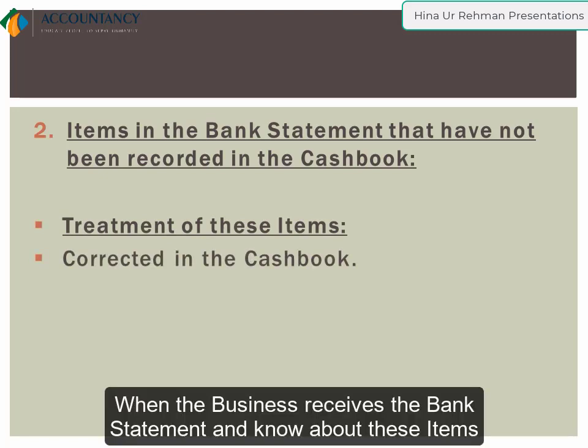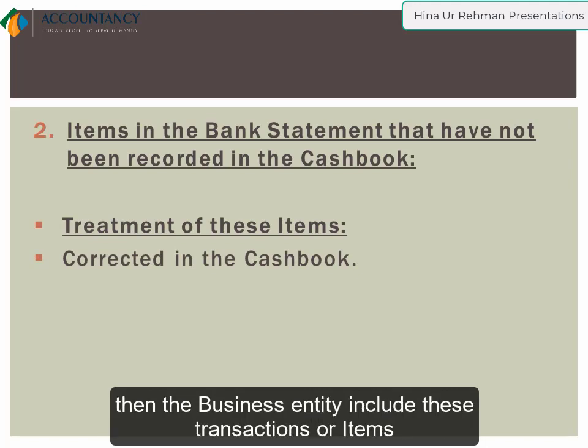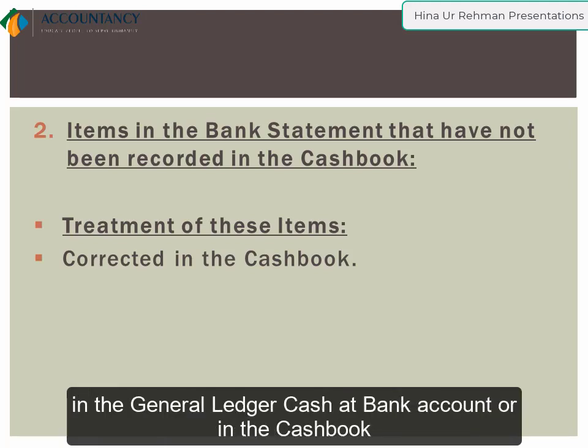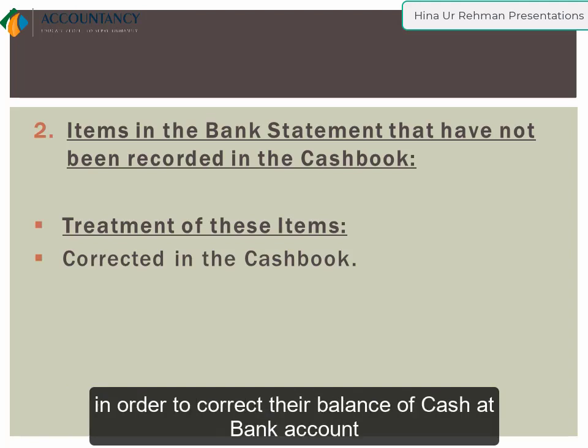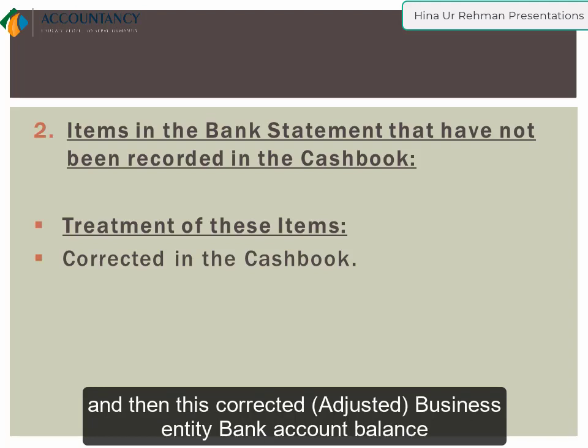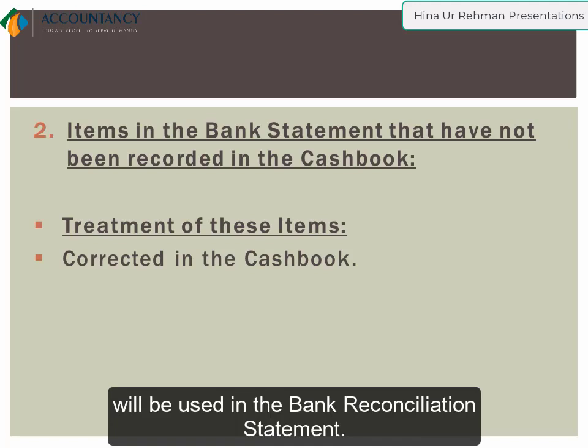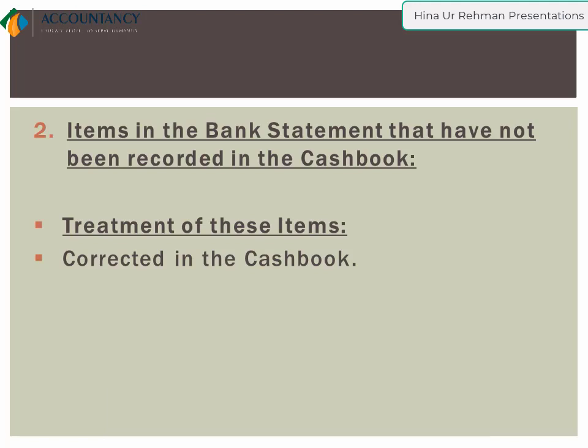When the business receives the bank statement and knows about these items, then the business entity includes these transactions or items in the general ledger, cash at bank account, or in the cash book in order to correct their balance of cash at bank account. And then this corrected or adjusted business entity bank account balance will be used in the bank reconciliation statement.